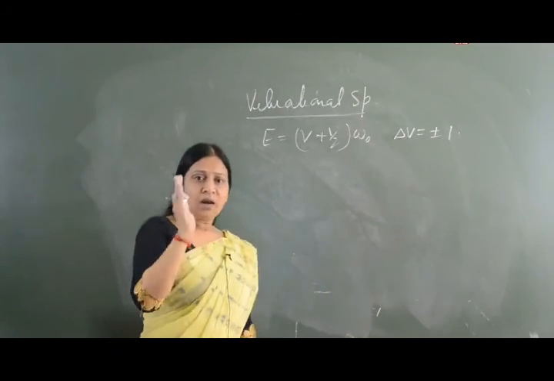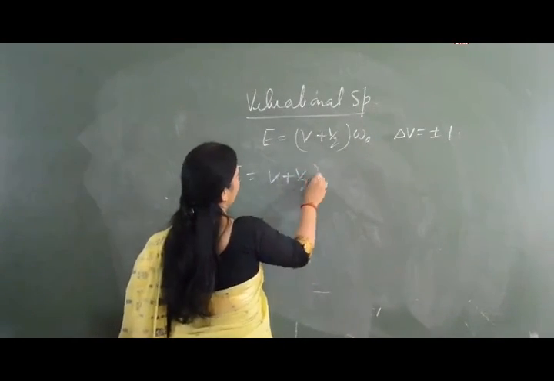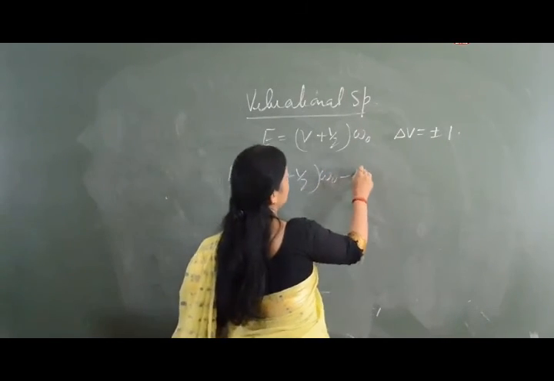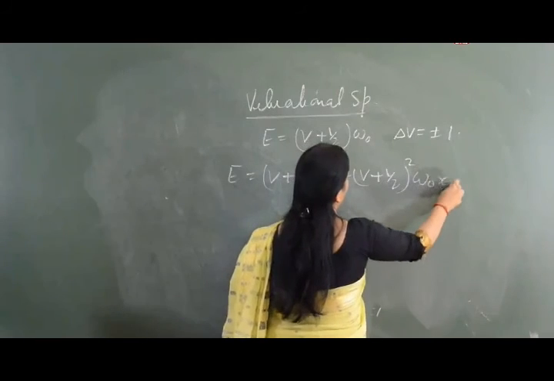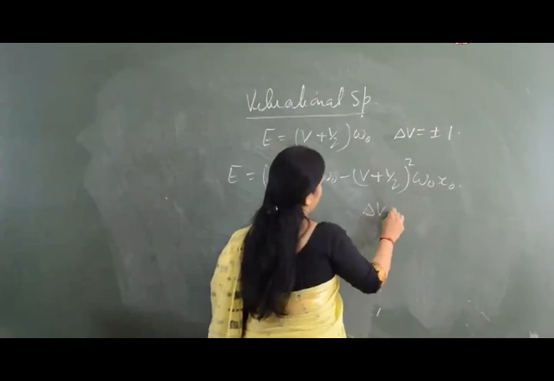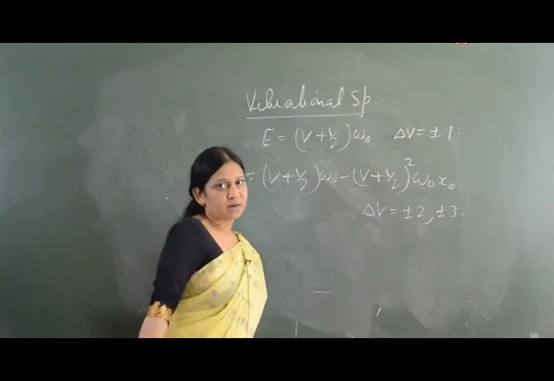If we consider anharmonicity, then the energy is given by (v + 1/2) ω0 minus (v + 1/2)² ω0 x0, and here the selection rule is either ±1 or ±3.